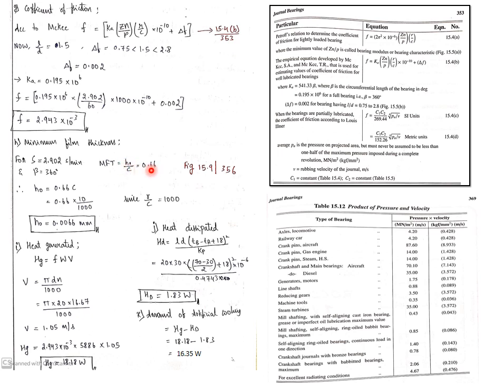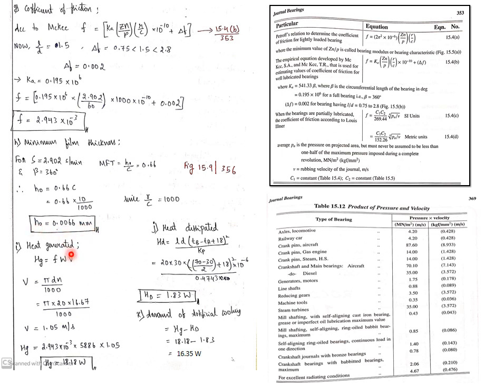Now h0 is 0.66 into the c value. R by c is 1000, so you can take it directly as 1. Now h0 gives us the minimum film thickness.